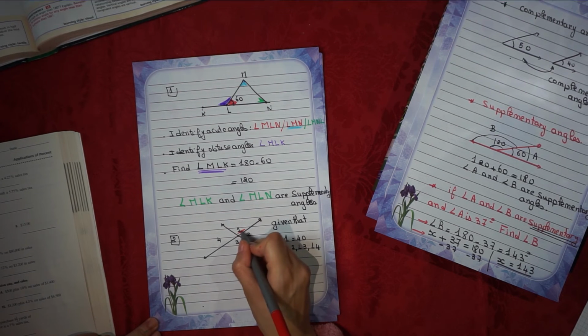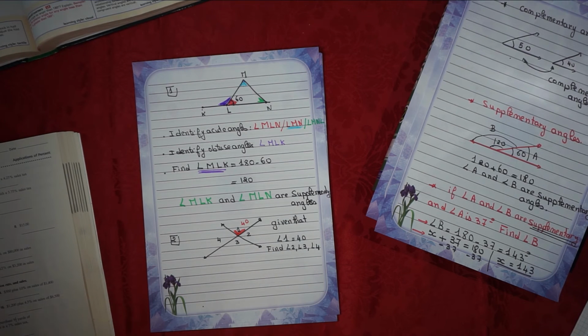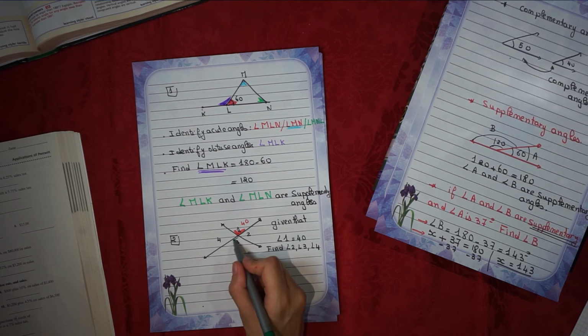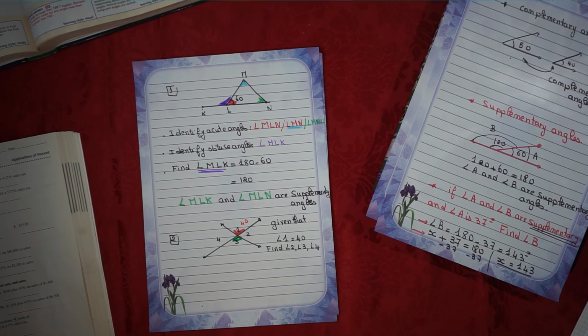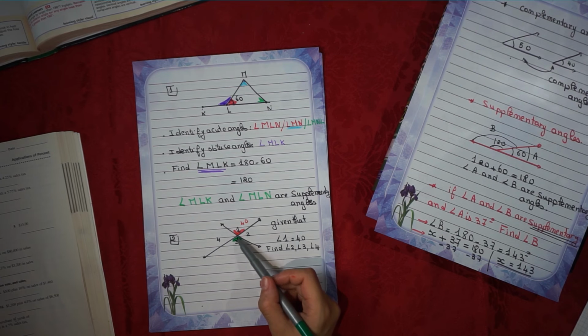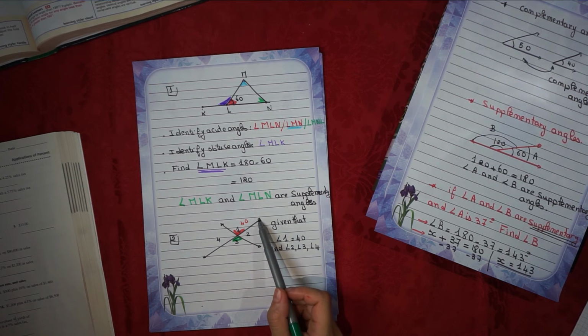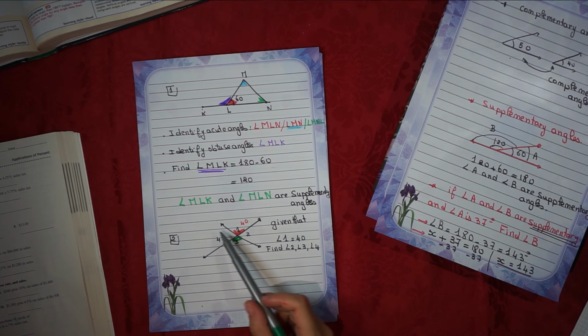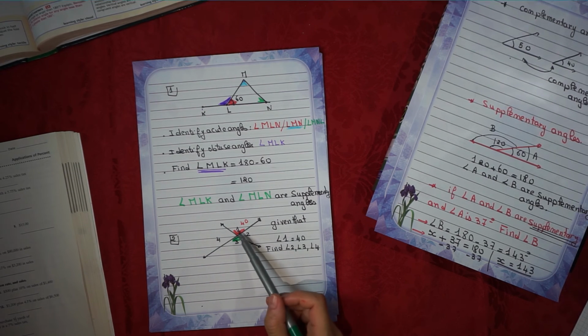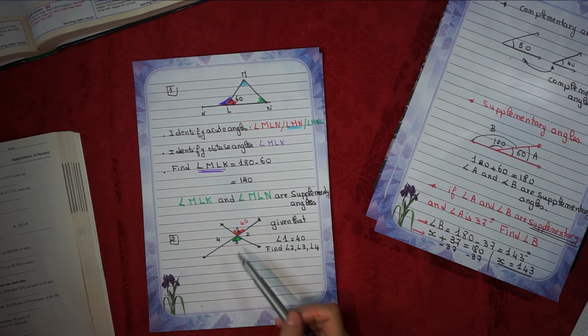So this one is given and it's equal to 40. What can we say about angles 1 and 3? They are vertical. What does it mean, vertical angles? It means their measures are the same. I told you if I have two angles forming the letter X, these are vertical.